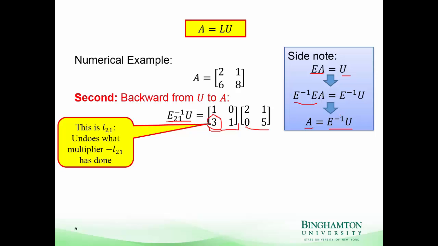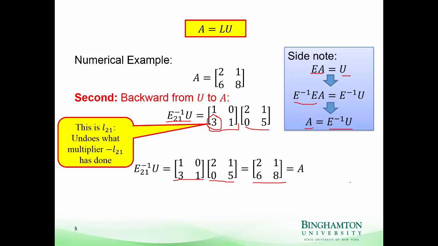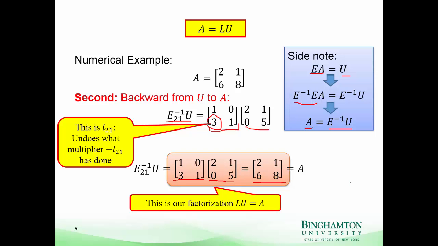So you can verify that by actually doing the matrix multiplication. So if we do this out, we can see that yes, indeed, we do actually get the A. And look what we have. We've got a lower triangular matrix times an upper triangular matrix. So that's our factorization. We've got L times U is equal to A.